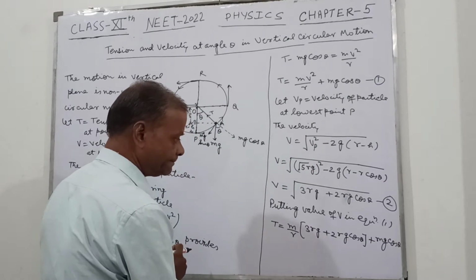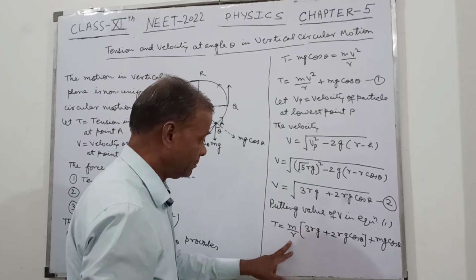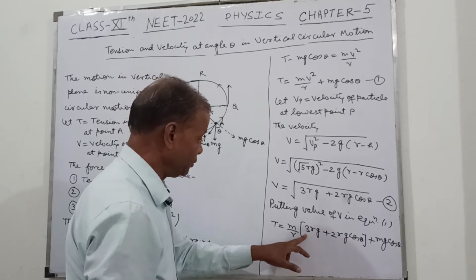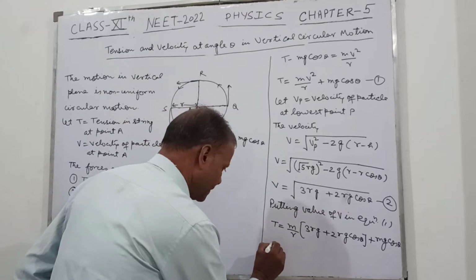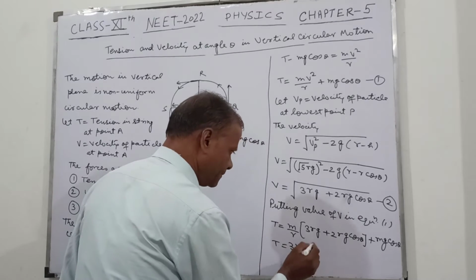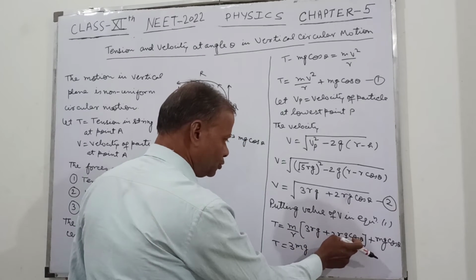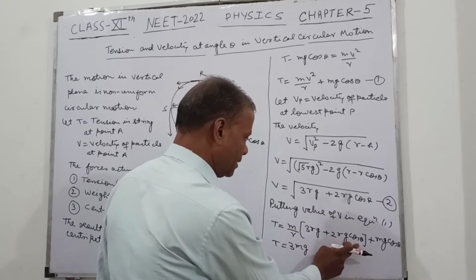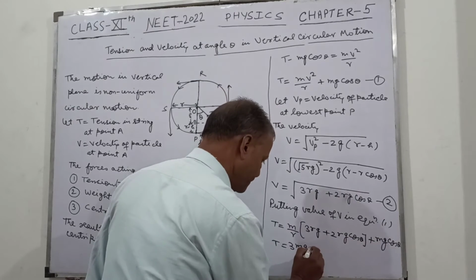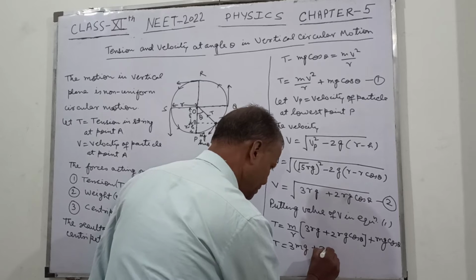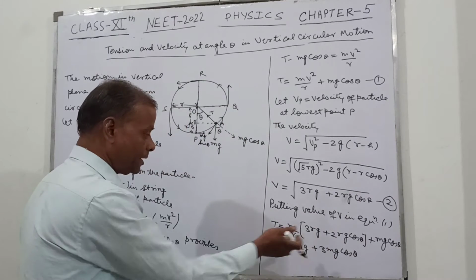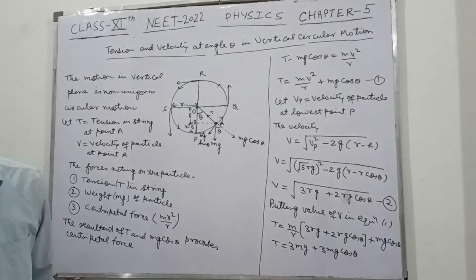If we multiply, then r will cancel from all of these. So T equal to 3mg plus 2mg cos theta plus mg cos theta. So this is 3mg plus 3mg cos theta. Now you take common 3mg.